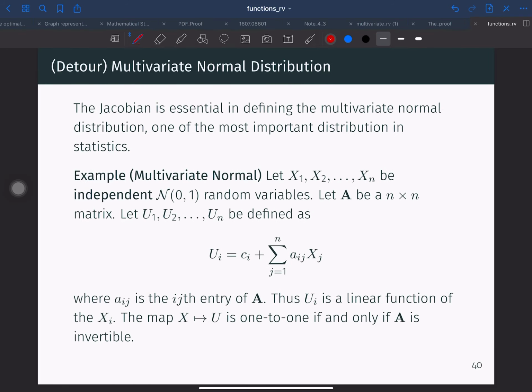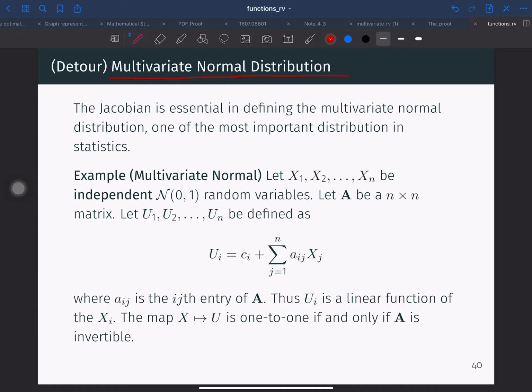So let us now take a detour, but a very important detour nevertheless, to talk about the multivariate normal distribution. In a sense, the multivariate normal distribution is the building block of almost all classical statistics.